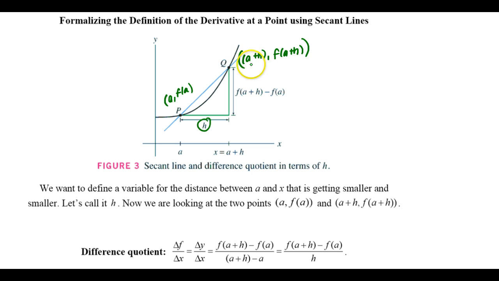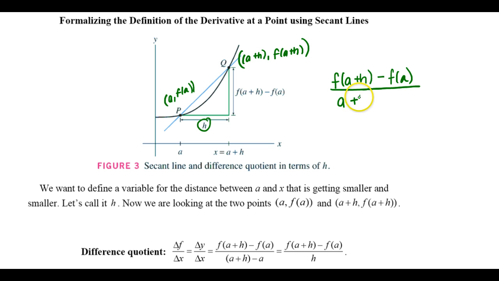So now our difference quotient is going to become y2 minus y1. So using the slope between the secant line, we're going to have f of A plus H minus f of A all over x2 minus x1.